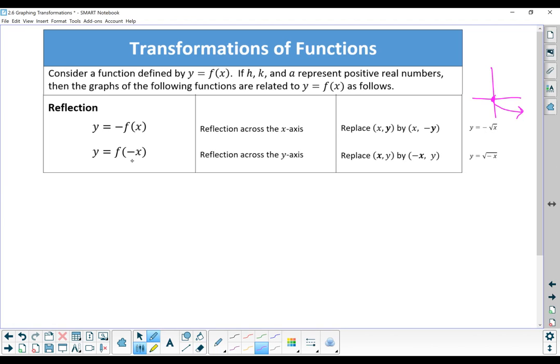If the negative is with the x, then that is going to be a horizontal one. So the square root of negative x, our function normally would look like this for a square root. This function would be going back this way. So it'd reflect it over the y-axis.